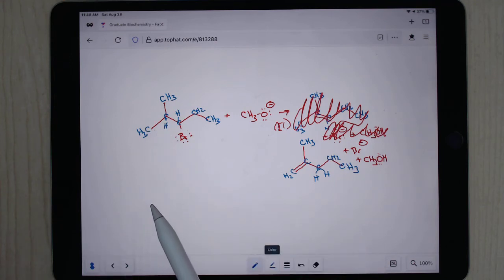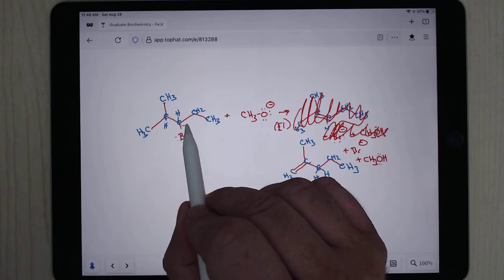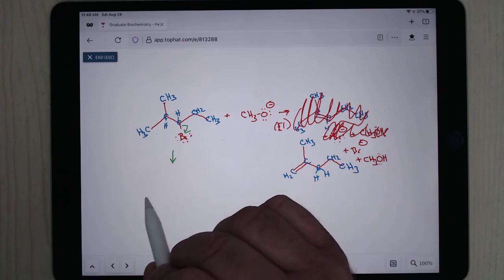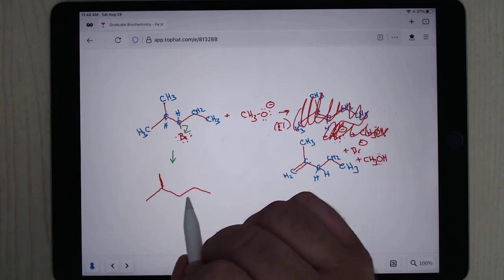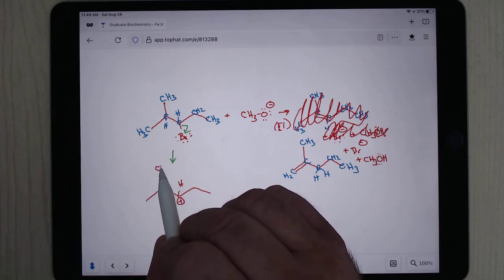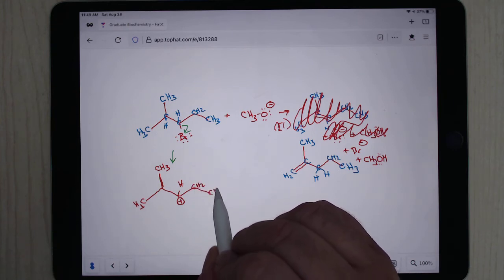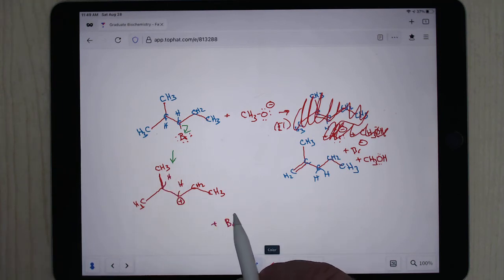So let's walk through the mechanism for this. The first thing that happens with any E1 or SN1 reaction is the leaving group leaves. So the bromine is going to go away, plus Br minus.